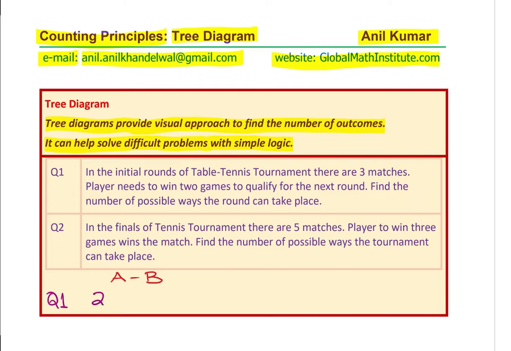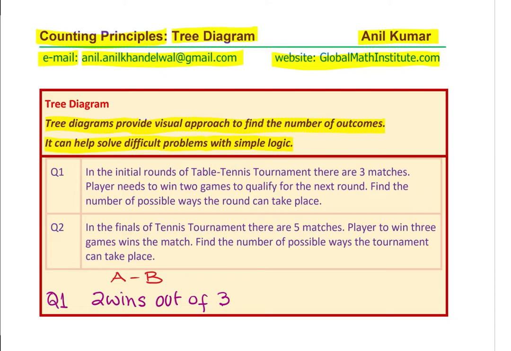So 2 wins out of 3. Let us say the winner wins the first 2 games. The third match is not played. You get the idea. So based on this, you have to figure out how many possible outcomes there are, right?